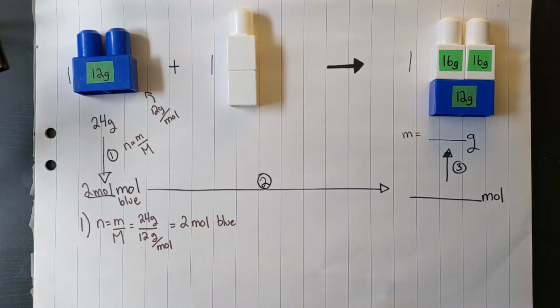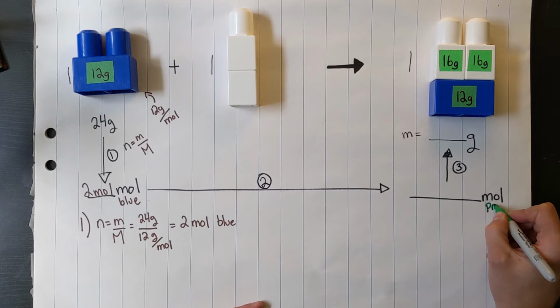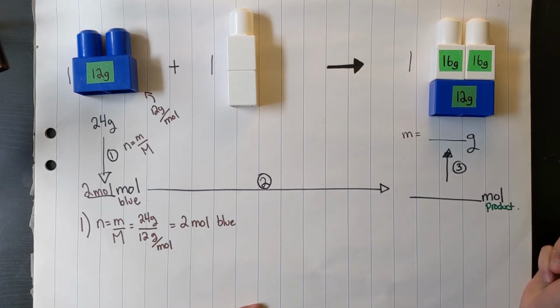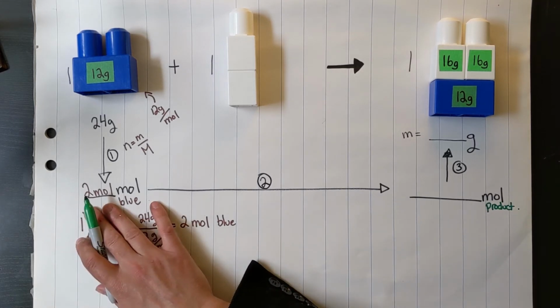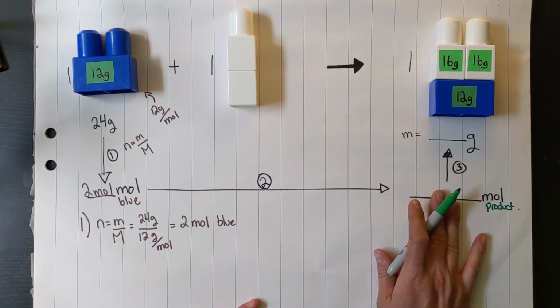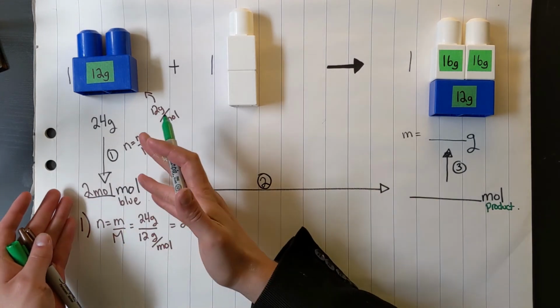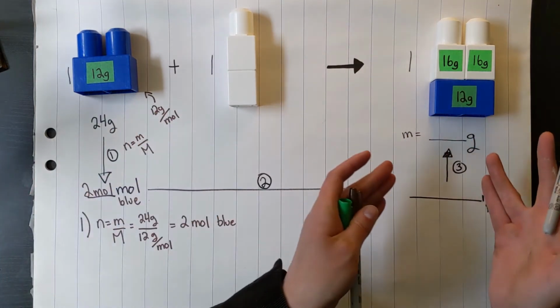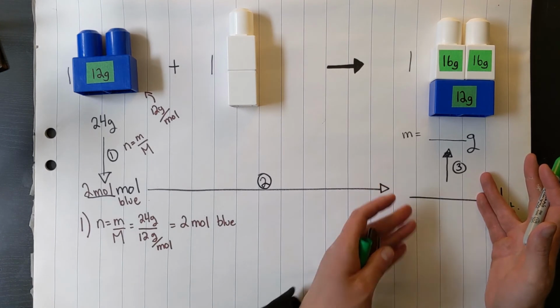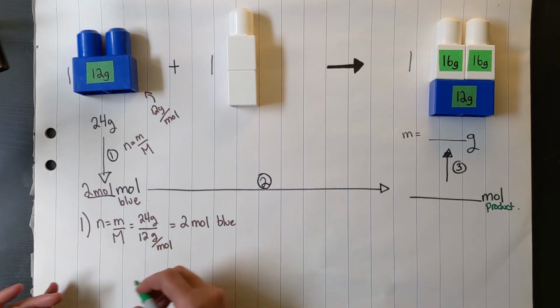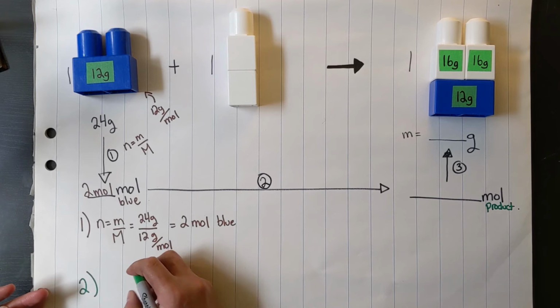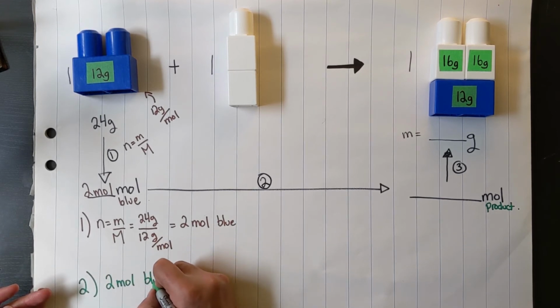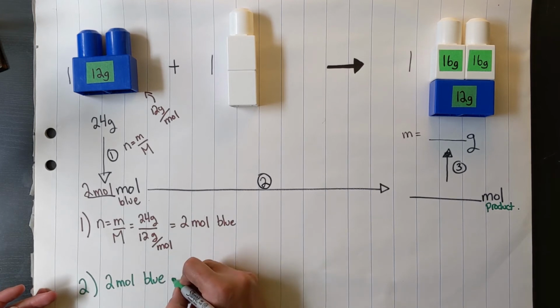Okay, well, if I've got 2 moles of blue, how many moles of product will that represent? Here I'm going to use the ratio of the number of moles of reactant to the number of moles of product, or really the number of moles of the thing that I know versus the thing that I'm trying to figure out something about. So this is my step 2 then. So I have 2 moles of my blue reactant.